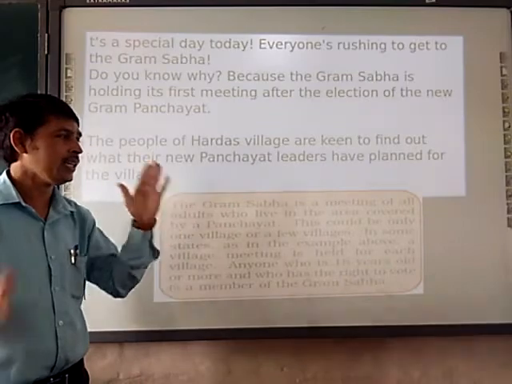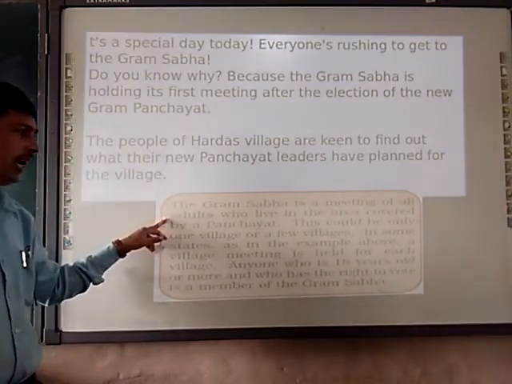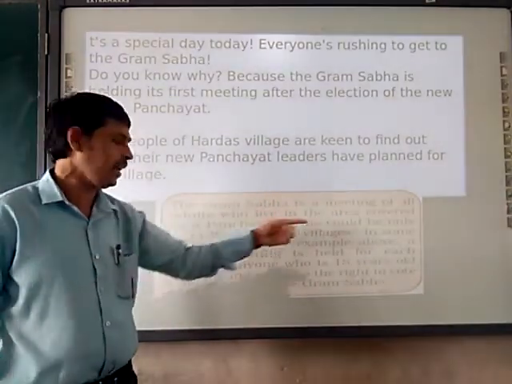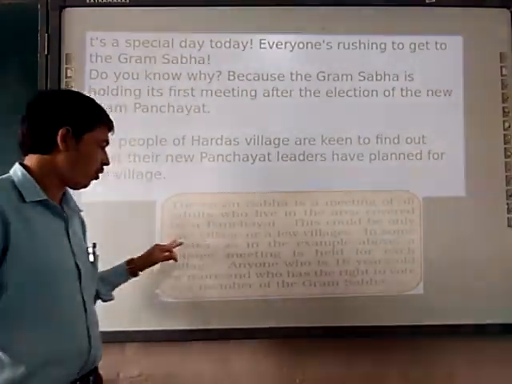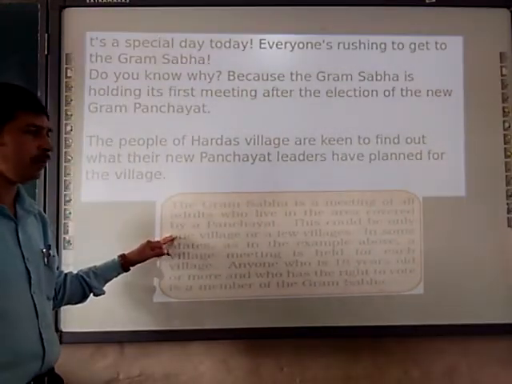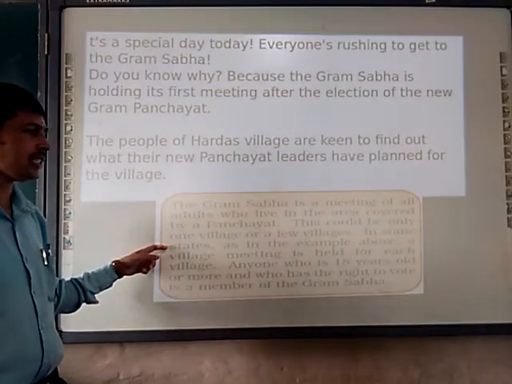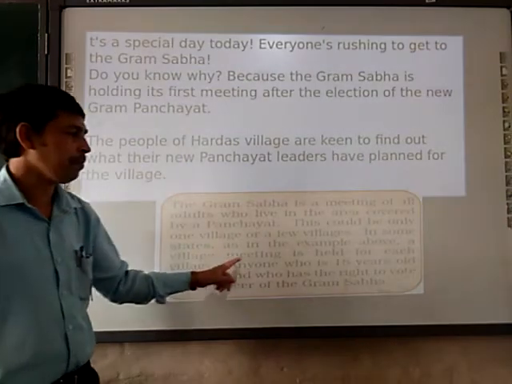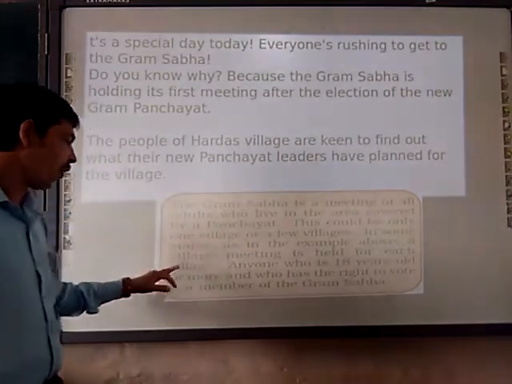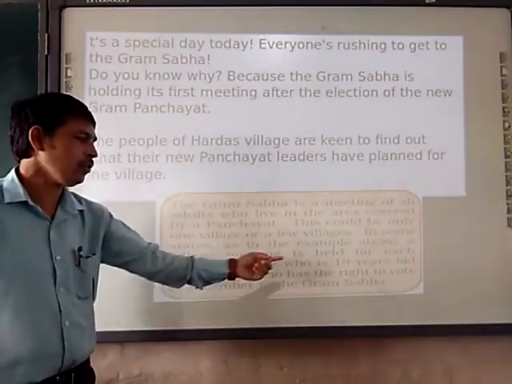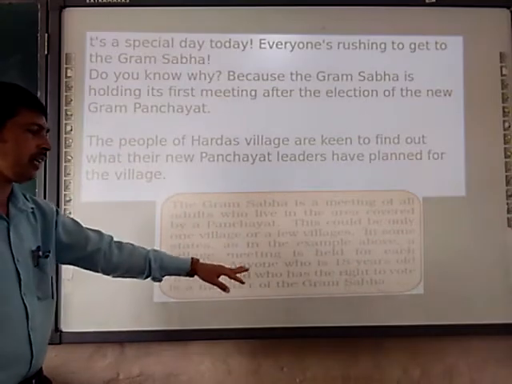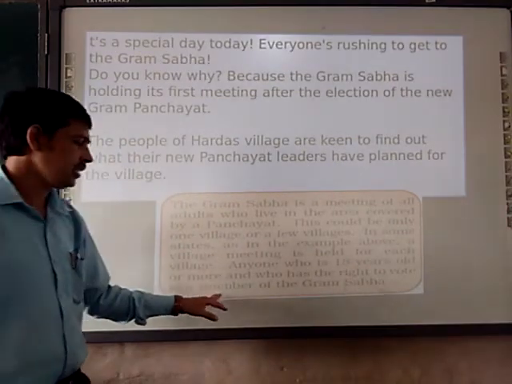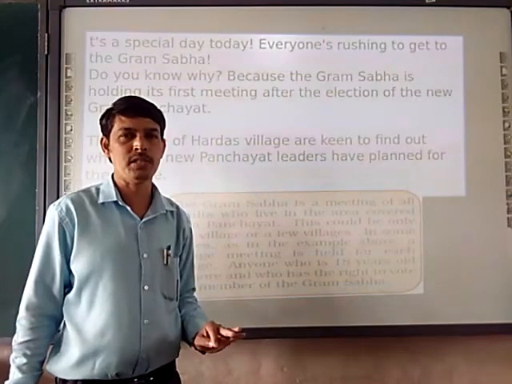So Gram Sabha is a meeting of all adults who live in an area covered by a Panchayat. This could be only one village or a few villages. In some states, for example, a meeting is held for the villagers, and anyone who is 18 years old or more and has the right to vote is a member of the Gram Sabha.